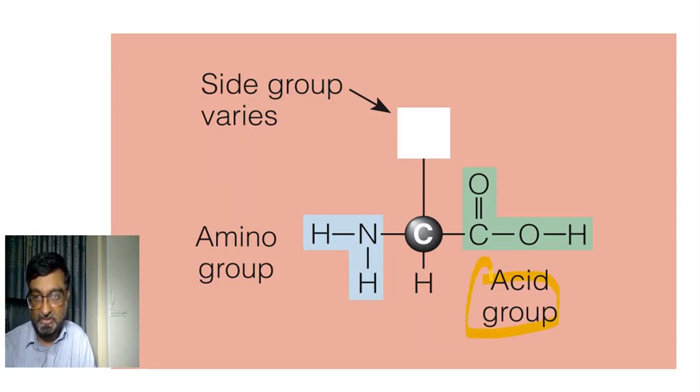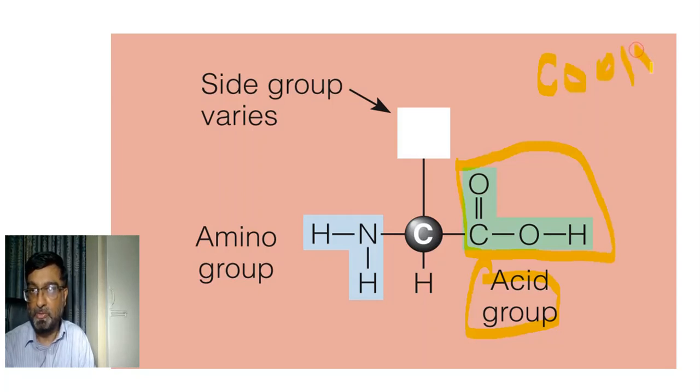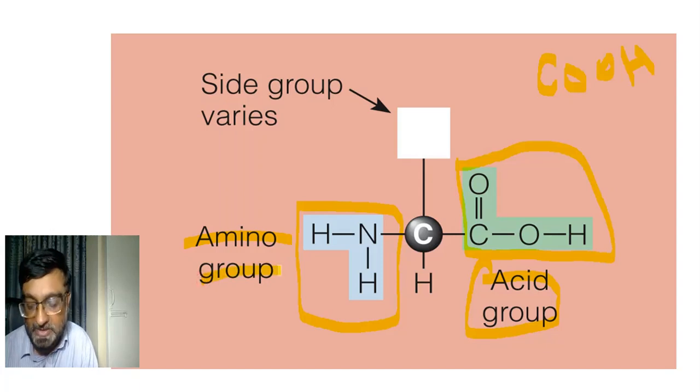This is the acid group, COOH. This is the acid group, right? And this is the amino group, NH2. You can see NH2. This is the amino group.